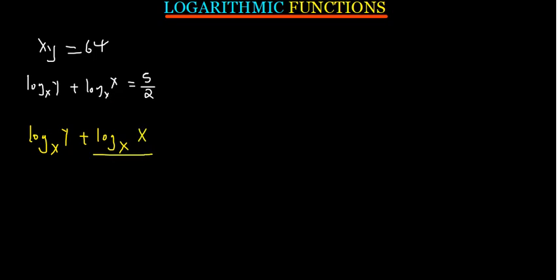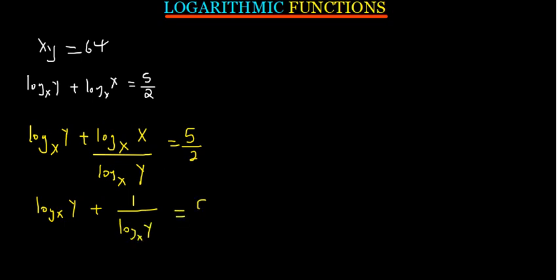And then divided by log, remember we are going to base x, put x here, but this is a y, so this is the one which comes here, and that is going to be equal to 5 over 2. We know that log in base x of x is 1, so this is going to be log in base x of y plus 1 divided by log in base x of y is equal to 5 over 2.